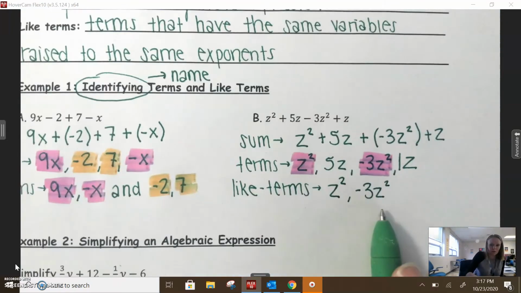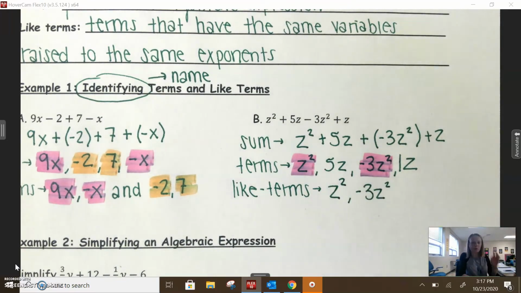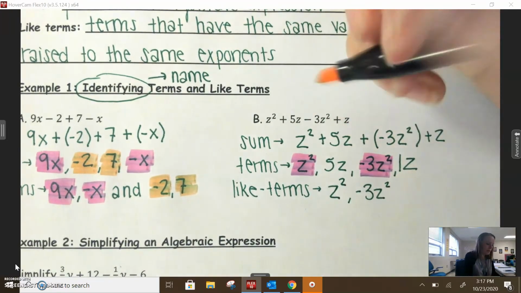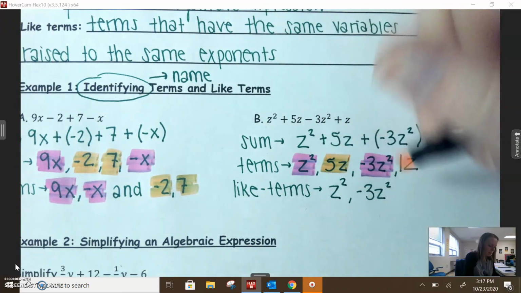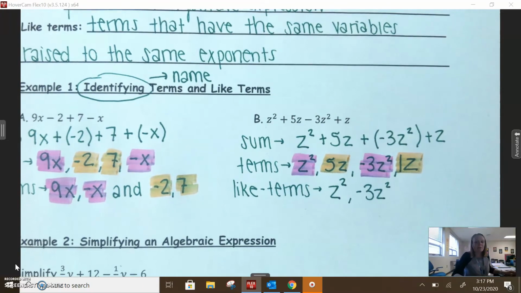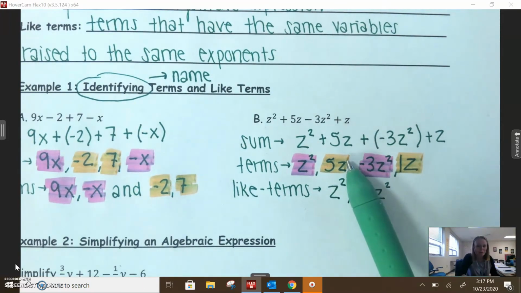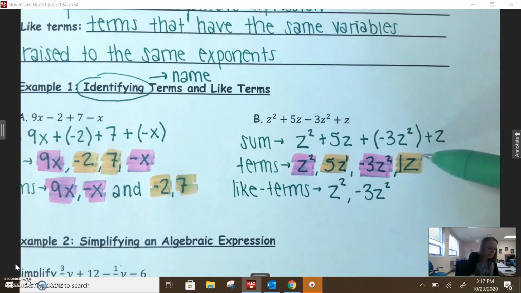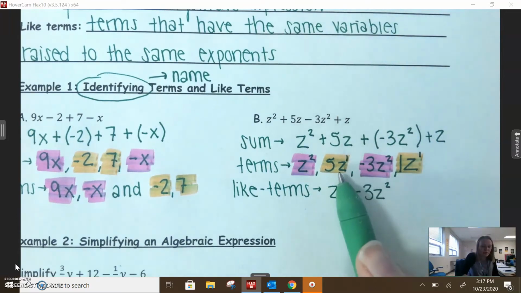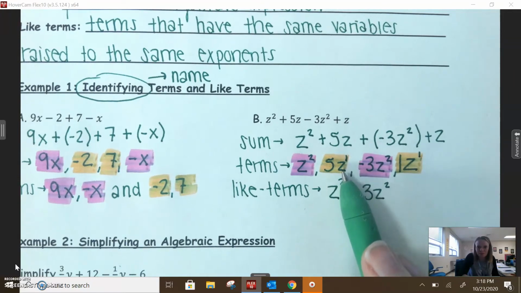And then over here, I'm left with 5z and 1z. These both have something in common too. They both have a z on them and no exponent. Same thing with exponents. They kind of have an invisible exponent on them. This is really just raised to the first power, because z times itself only one time is just still z.